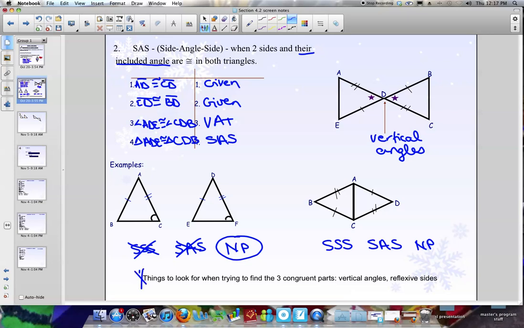Things to look for when you are trying to prove that three congruent parts are there in two triangles: vertical angles, so there's an X, or reflexive sides, meaning the triangles share a side. In this case, I have reflexive sides, so I know that this is my third congruent piece. Therefore, my three pieces are all sides, so the answer would be side, side, side, which shows that these two triangles are congruent.